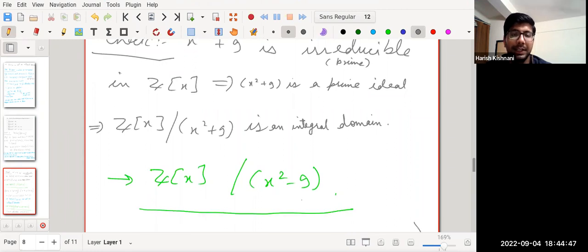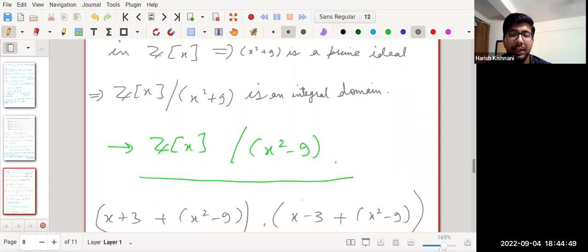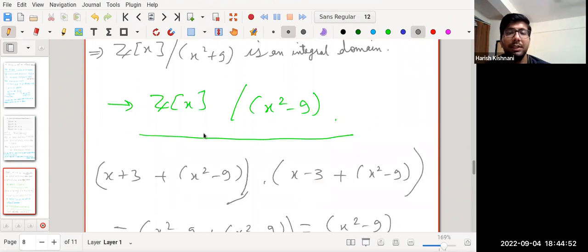Now, what about this ℤ[x] modulo x² − 9? See, it is a reducible element because x² − 9 has integer roots at −3 and +3.